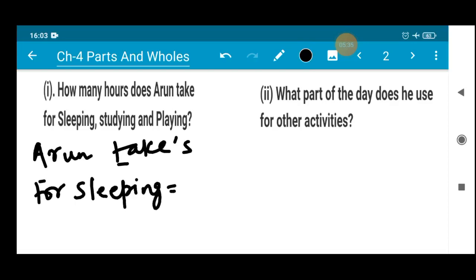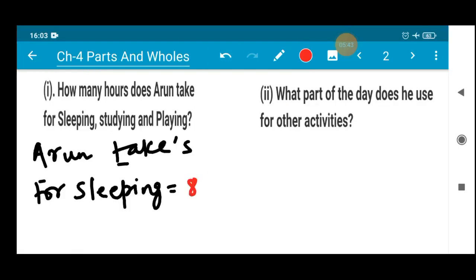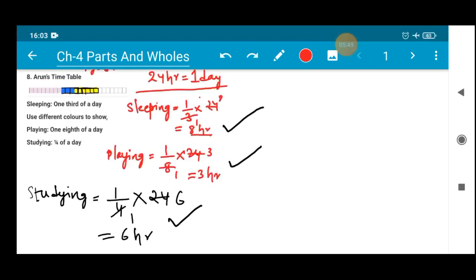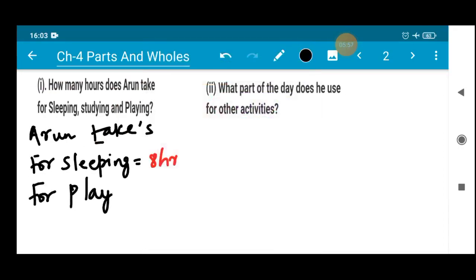I'll write in a tabular form. For sleeping, we already saw here that 8 boxes were covered, so it is 8 hours. Each box is representing 1 hour. So there are a total of 24 hours, that means in one day there are 24 hours. For playing, it is 3 hours.